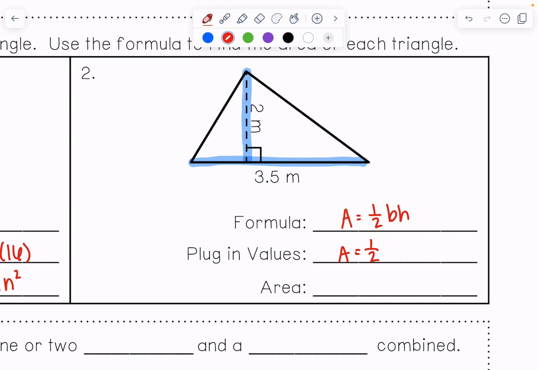And then the base, in this case, is 3.5, so we're going to multiply by 3.5. And the height is 2, so we're going to multiply by 2. All right, go ahead and type this on your calculator. You should have gotten area equals 3.5, and this time you should have meters squared.